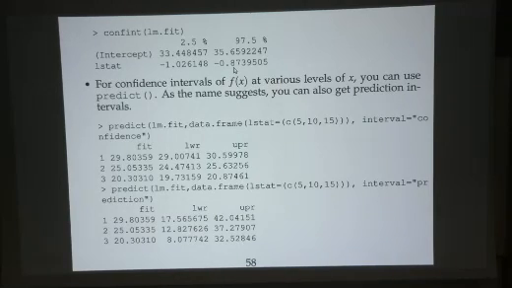There is also a function called predict. You use predict(lm.fit, data.frame(lstat = c(5, 10, 15))). So you consider the variable values 5, 10, and 15, and for these three numbers it gives you the fitted value and the lower and upper bounds, the confidence interval.